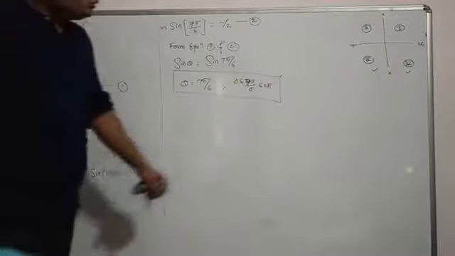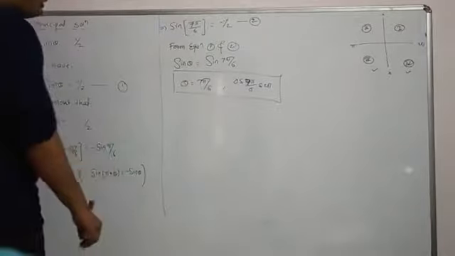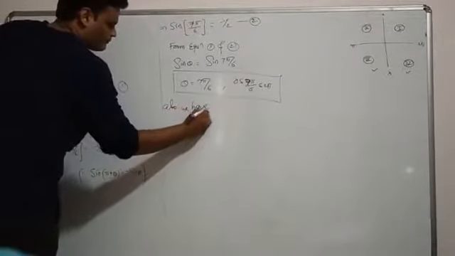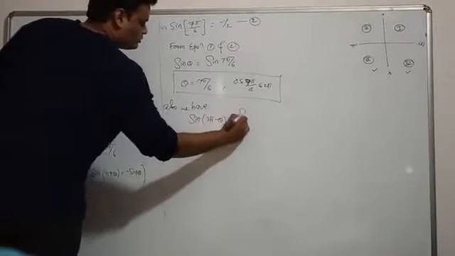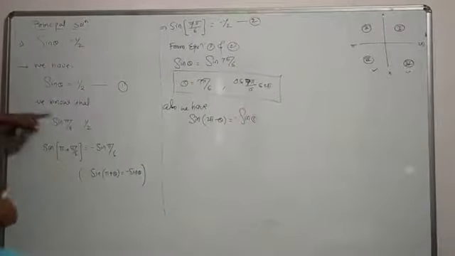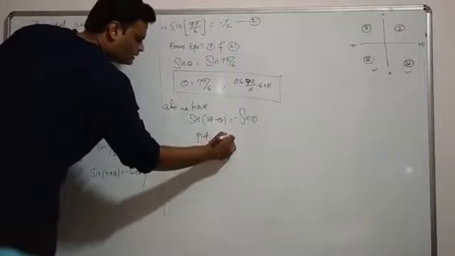Now you have to go to the fourth quadrant. So subtract theta from 2 pi. Also we have sine of 2 pi minus theta is equal to minus sine theta. So put theta is equal to pi by 6.